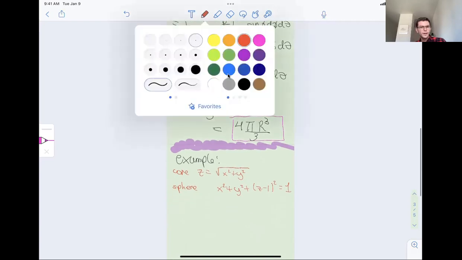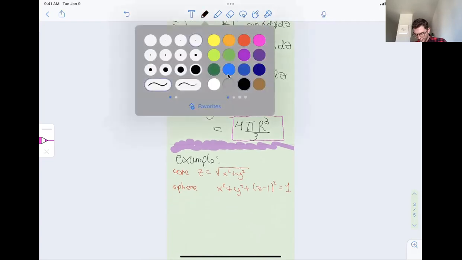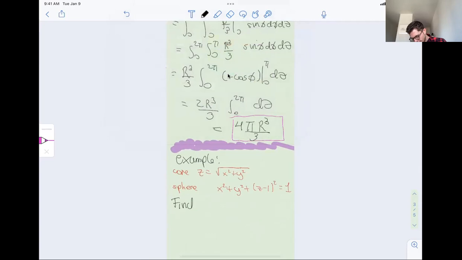And so let's find an integral that gives you the volume of the region inside the sphere, but below the cone.